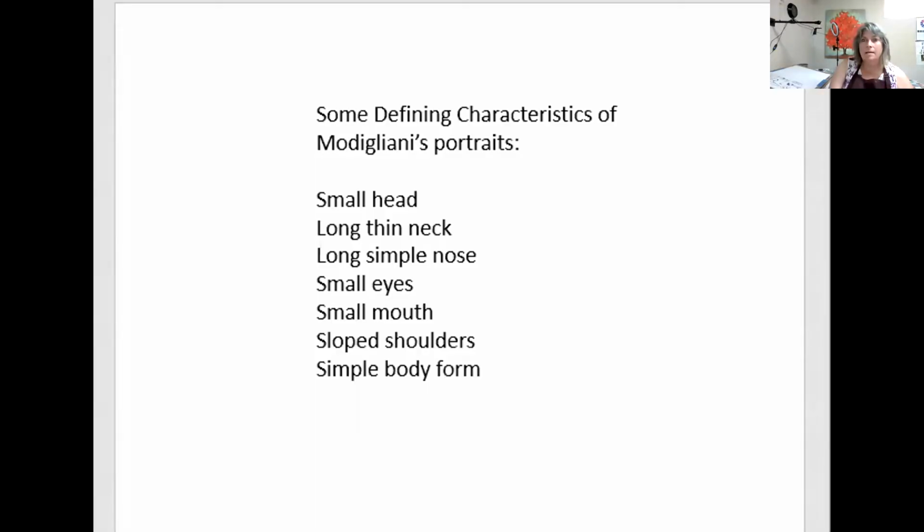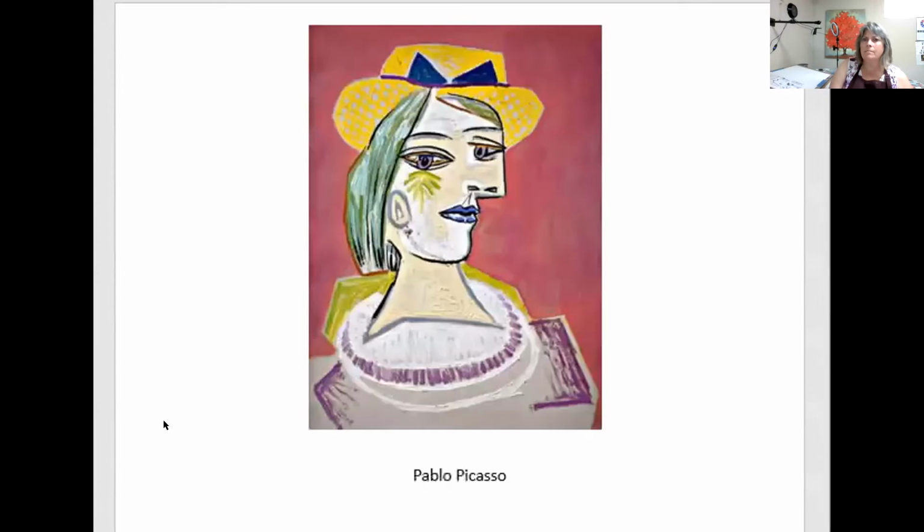Now let's look at Picasso. Pablo Picasso is a lot more complicated. There are many ways that you can draw Picasso images, but I'm going to give you a really simple one, just to keep it doable.